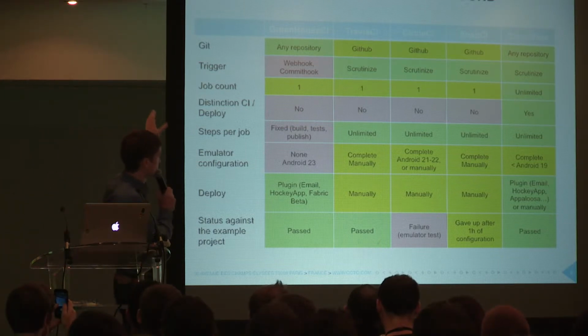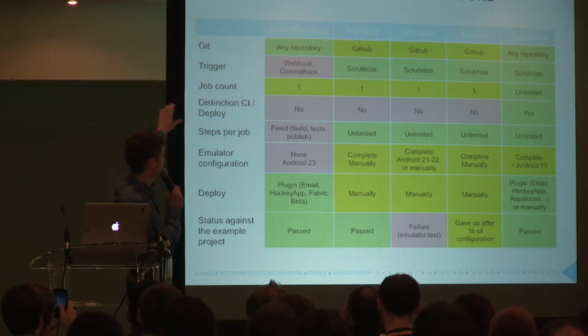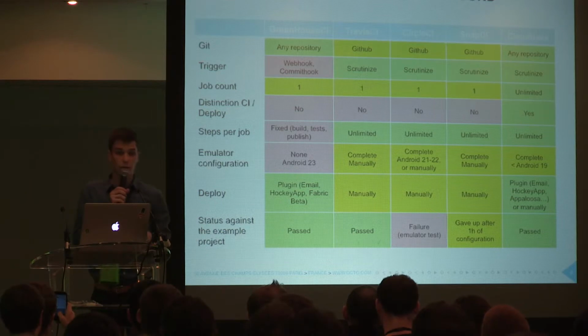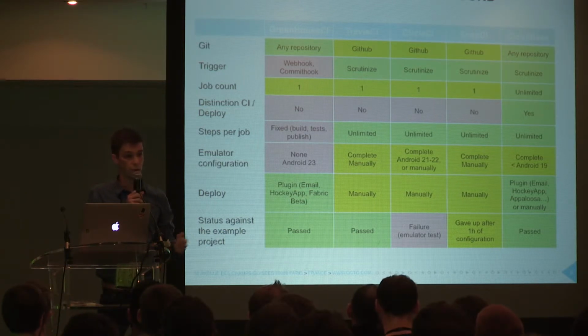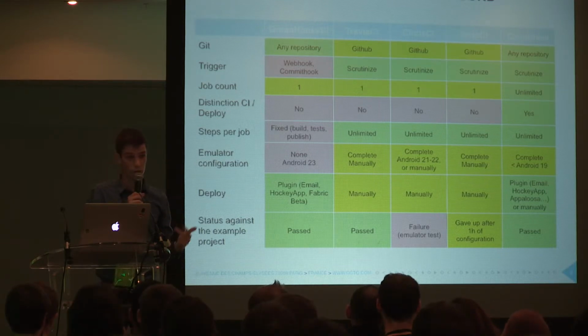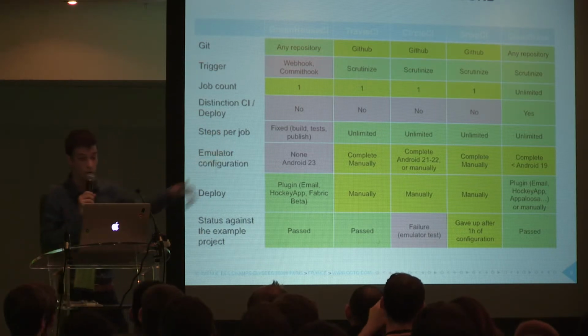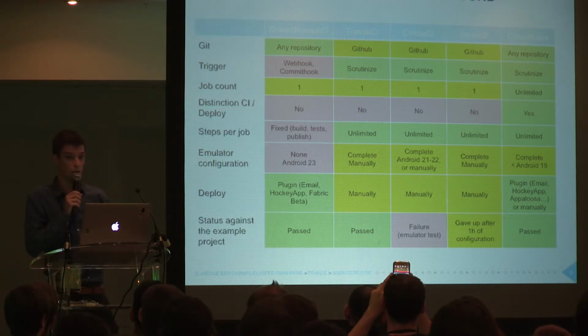So I won't go through the whole table, but just the little "what the fuck" cases. For me, the biggest limitations are on these two lines. When we use Jenkins, we're used to being able to create as many jobs as we want. So we want to create a CI job, we want to create a deployment job, we want to create whatever. And on those solutions, you're not on a Jenkins interface, and they only let you declare one job.